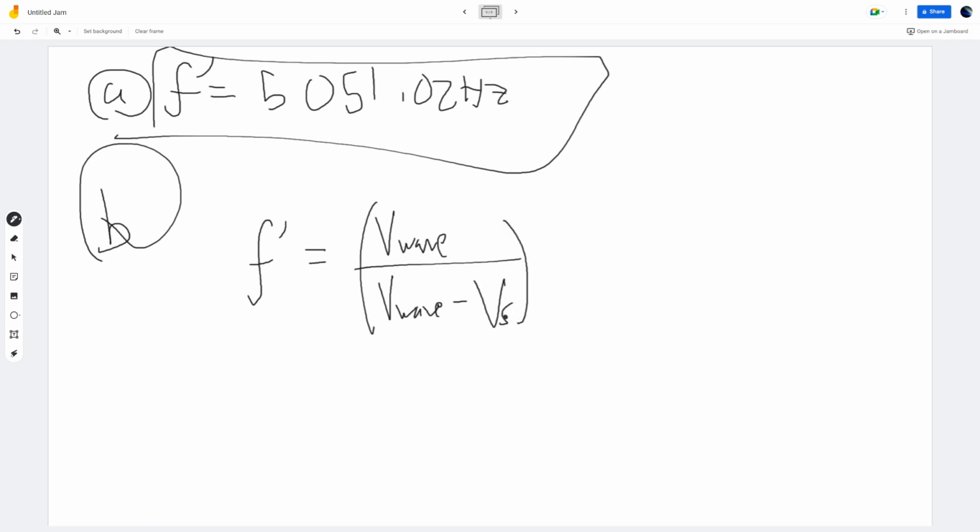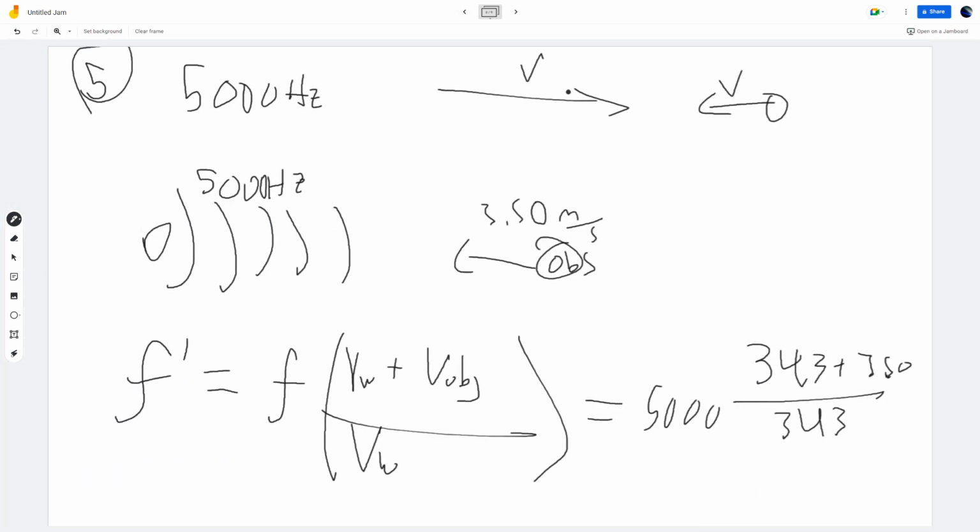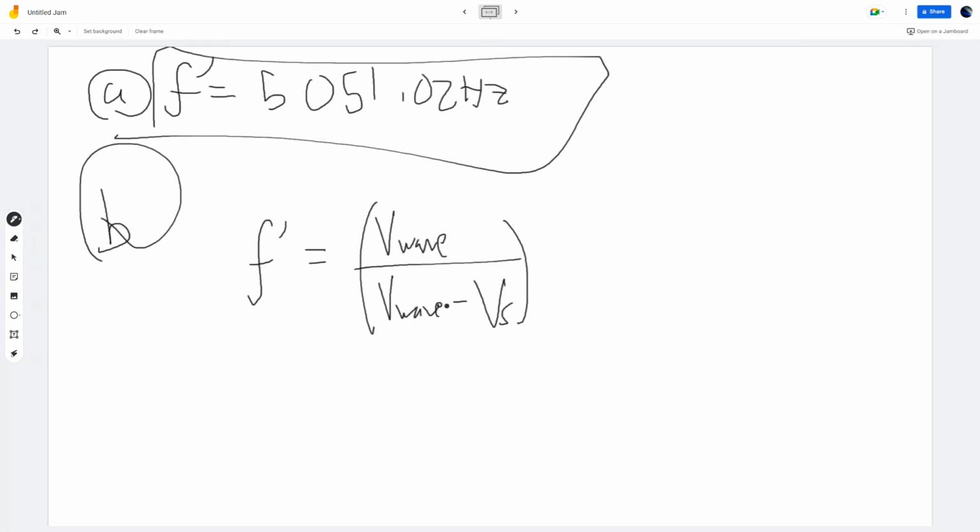The reason we have the subtraction here is that we have the same situation of two things heading towards each other. It's still going to sound higher to the person observing the wave, but if we made this a positive value, that would make the perceived frequency lower, which would not make sense. So that's why we subtract it on the bottom. I don't have a better explanation than that.